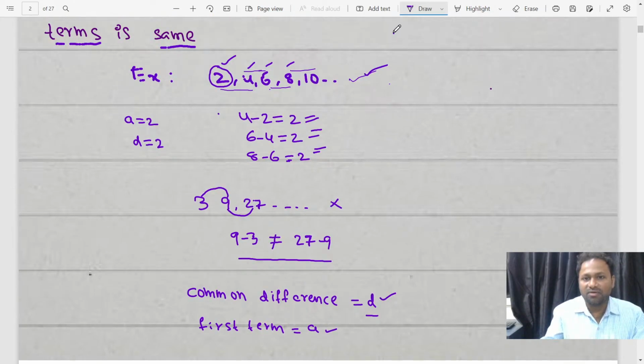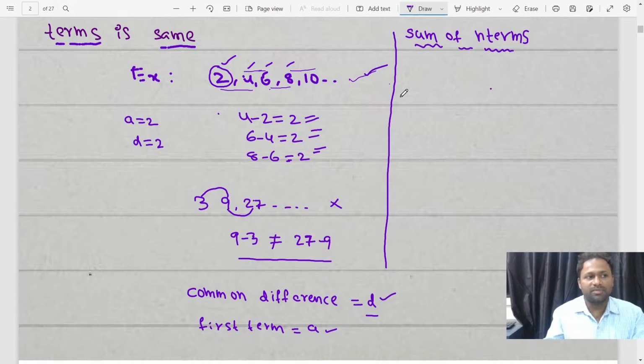Right, so the sum of n terms will be like this. How will the sum of n terms be? The sum of n terms will be Sn is equal to n by 2 into 2a plus n minus 1 into d.